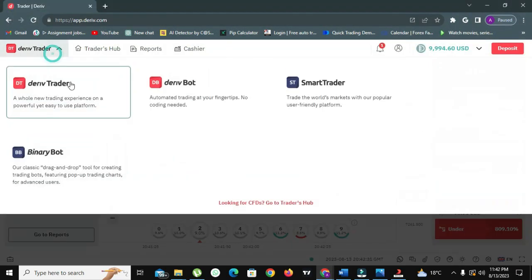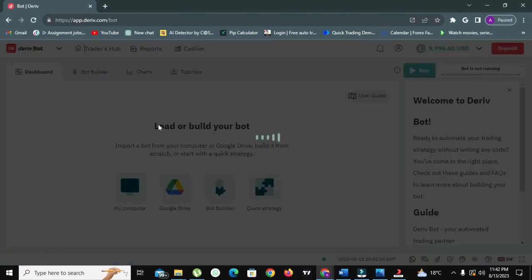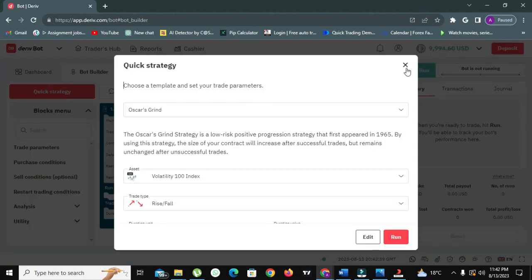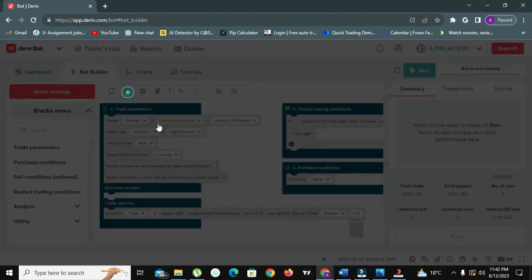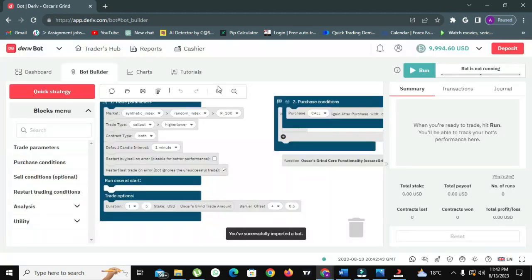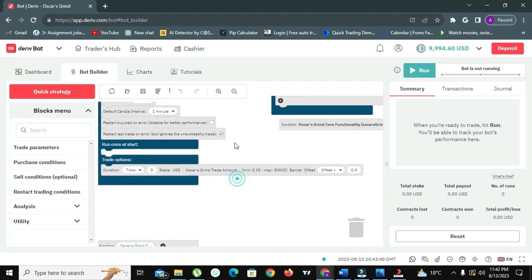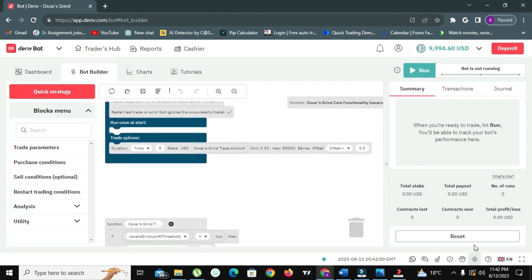I also have bots. You can use bots. I have a lot of them. Let's try, I have a bot here. One of my bots is this one, called Contour.